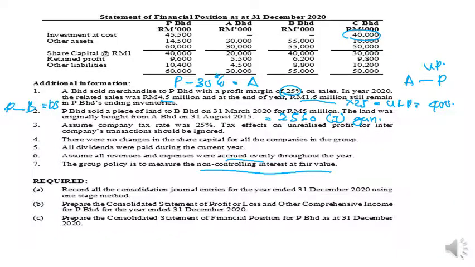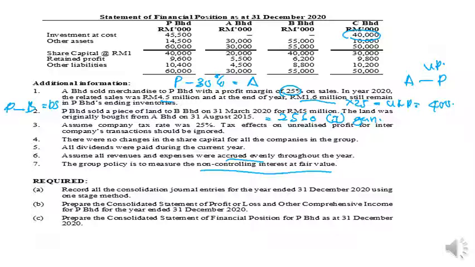Okay, so investments altogether you have 45, 30. This one is 40. ABC. Okay, A sold merchandise to P here at a gross profit margin of 20% in the year 2020. So now P only has 30% in A, which is considered as an associate.